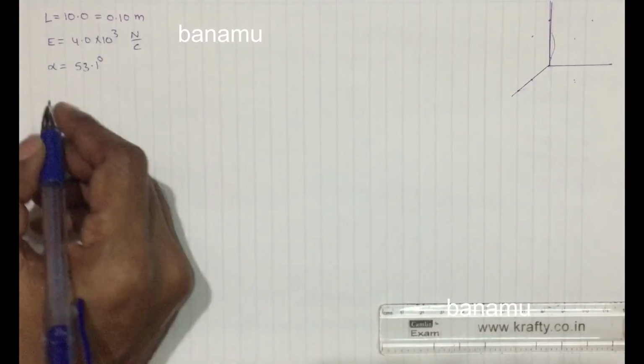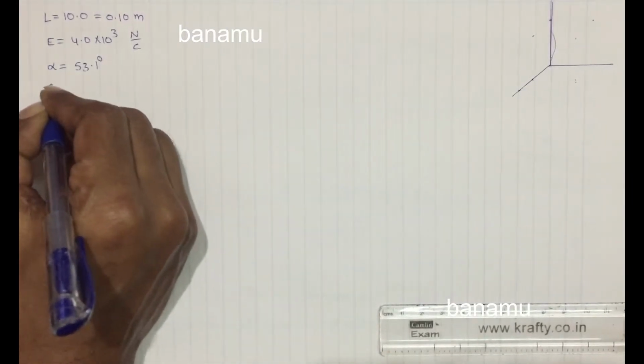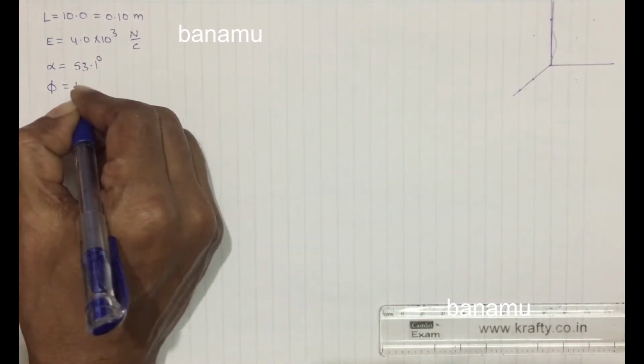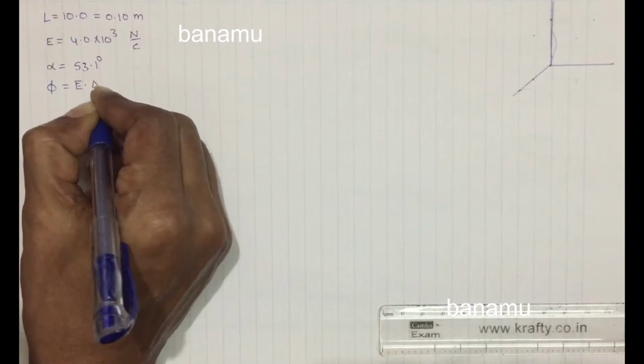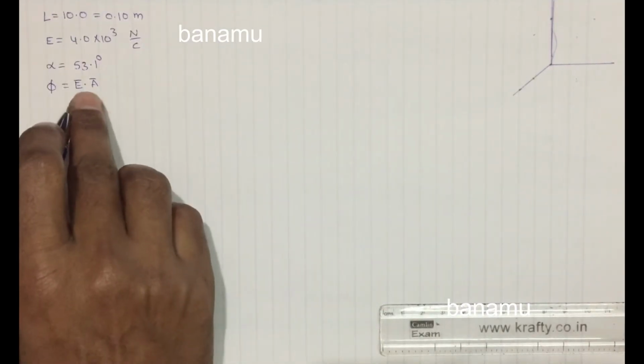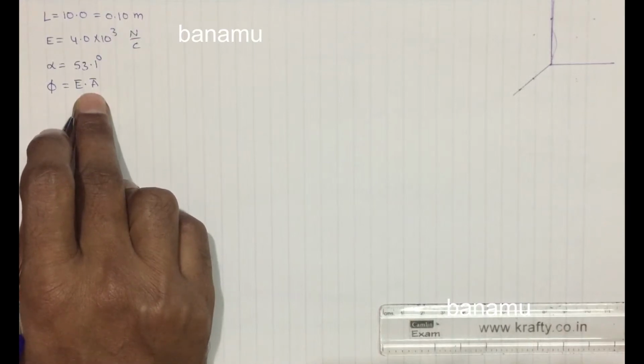The electric flux phi is equal to E dot A, where E is the electric field vector and A is the area vector.